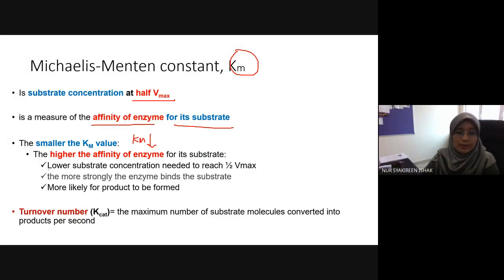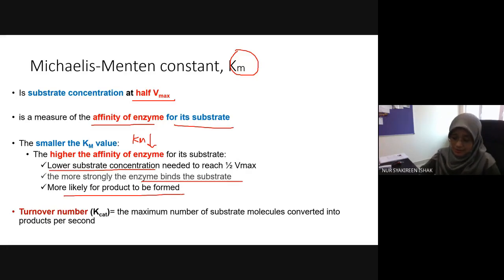So when you add a small amount of substrate, the enzyme will straight away catalyze the reaction. Lower substrate concentration is needed to reach half Vmax. The more strongly the enzyme binds to the substrate, the more likely the product is produced.